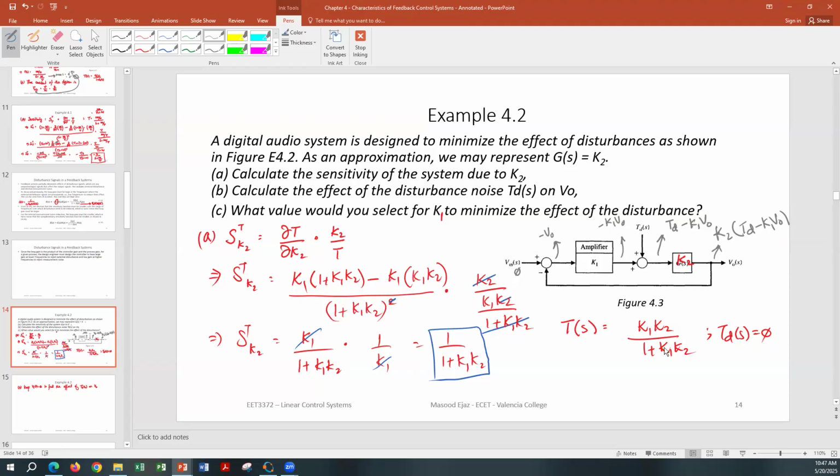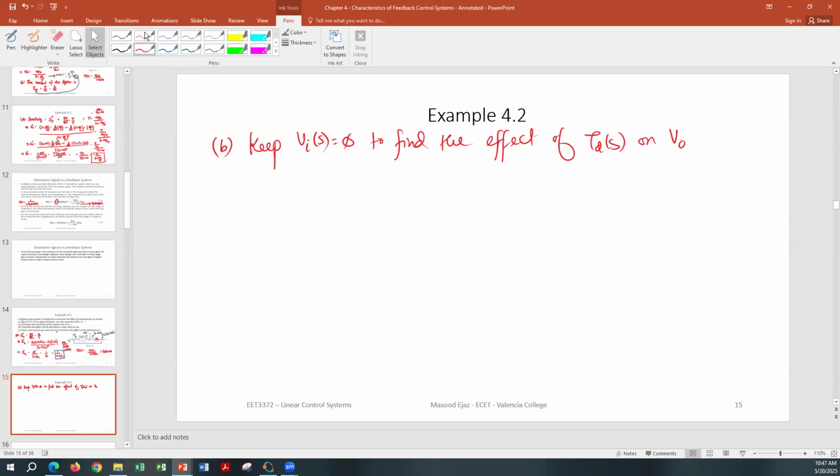So let's write that expression down. V out is equal to K2 TD minus K1 V out. V out S is equal to K2 times TDS minus K1 V out.